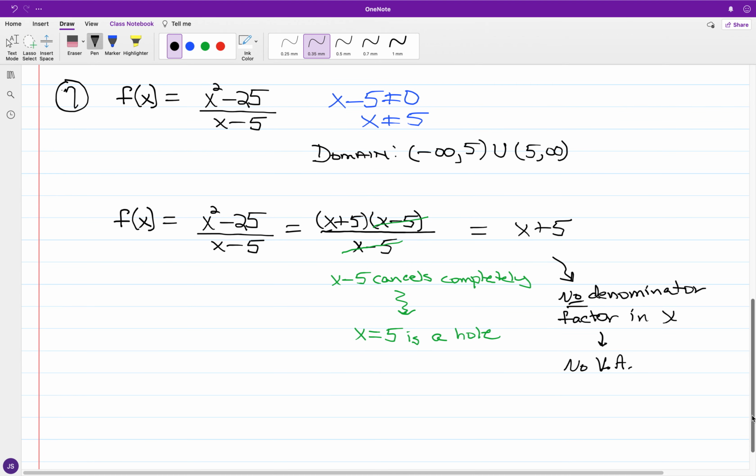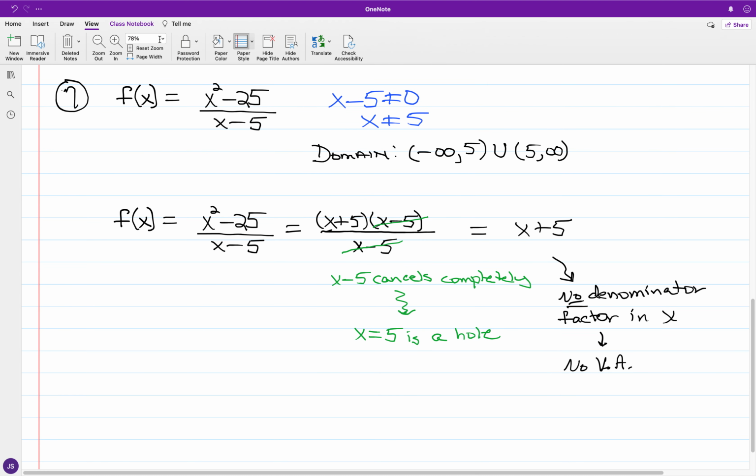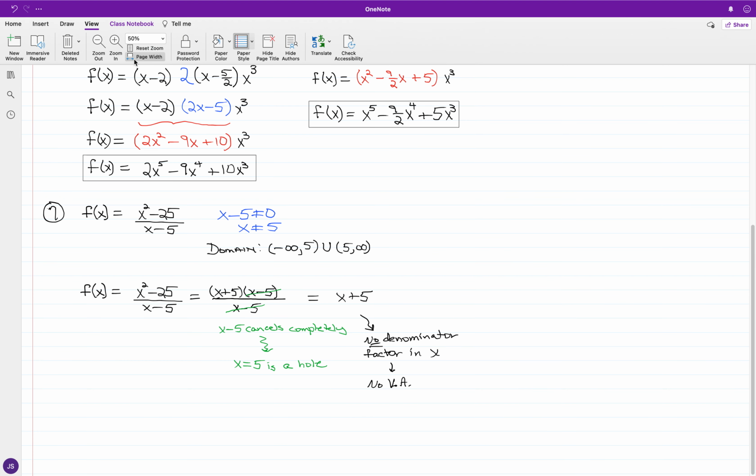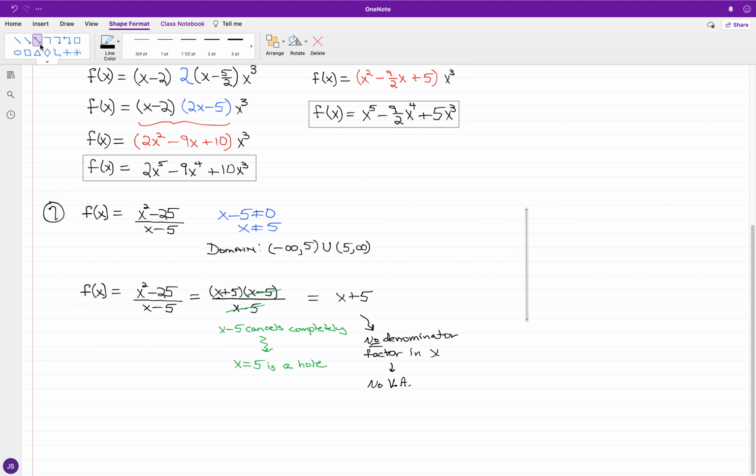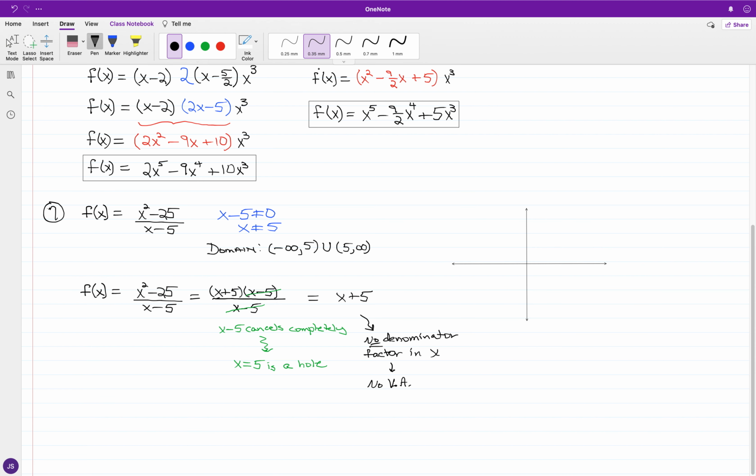So there does not exist a vertical asymptote. And just looking at what we have from a visual standpoint, if I were to graph, there is no vertical asymptote, so there's not going to be a vertical dividing line.